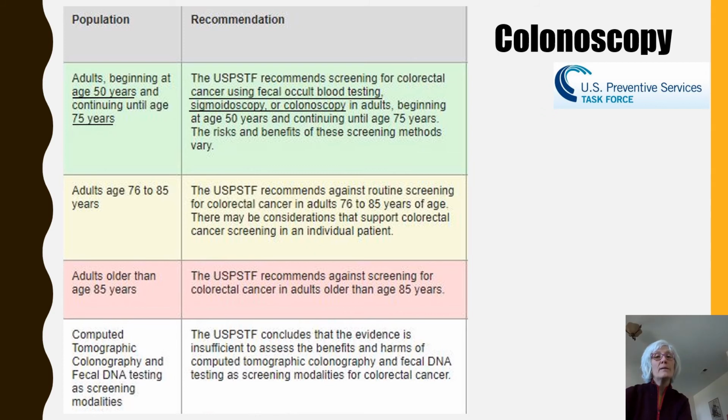But regardless, the Preventative Services Task Force says that any of those screening mechanisms is good. That's why it's in this green bar of the table. And this should begin at age 50 and continue until age 75.